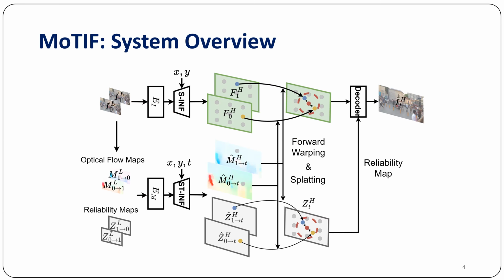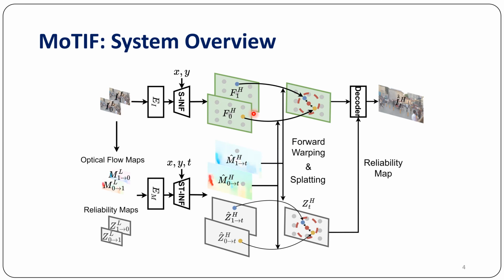Here is a system view of our MoTIF. Given two low-resolution reference frames, our task is to interpolate a high-resolution video frame with any arbitrary spatial scale at any time t. To achieve this, a spatial local implicit neural function first super-resolves the low-resolution input frame to a high-resolution feature.